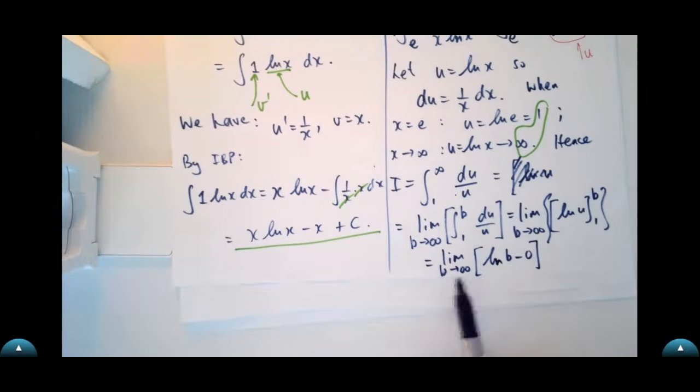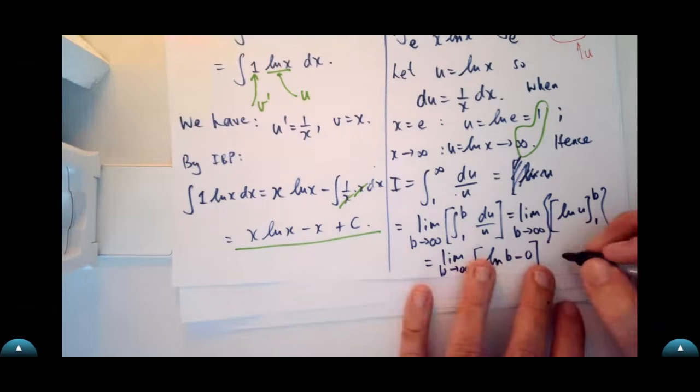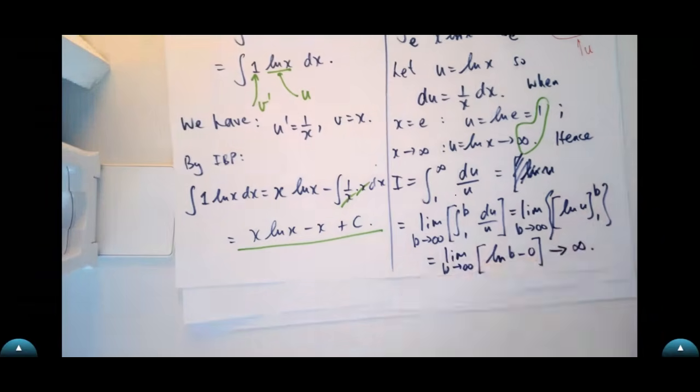And now, what is the limit of this? Who can tell me in the chat? If I've got the limit of the natural log of b as b goes to positive infinity, what does this go to? It does go to infinity. So that goes to infinity.